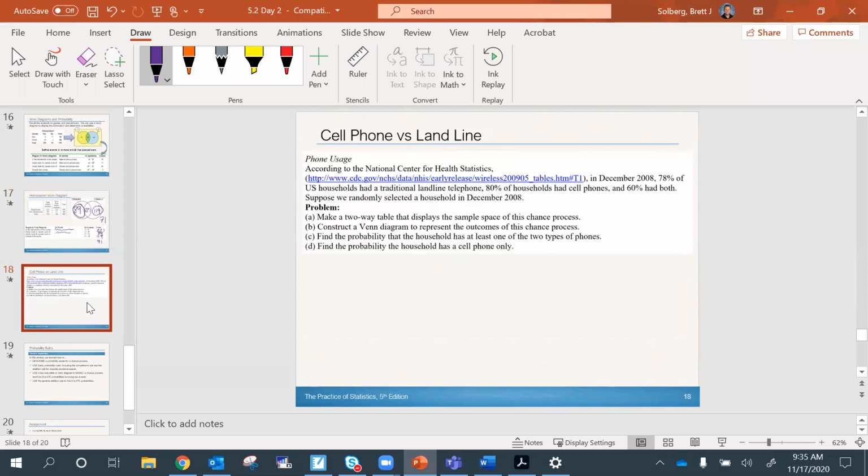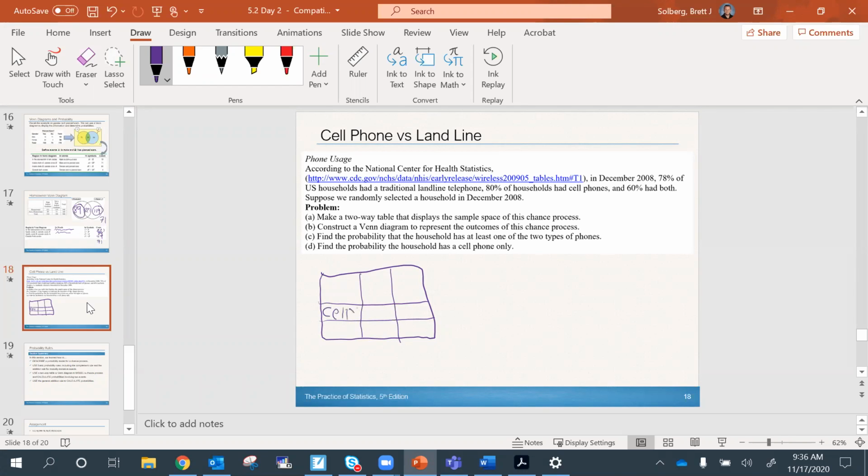So we're going to make a two-way table here. Let's do this one as cell phone first.